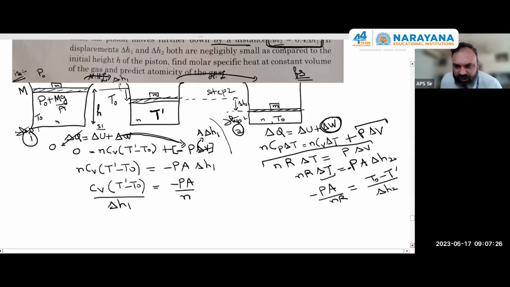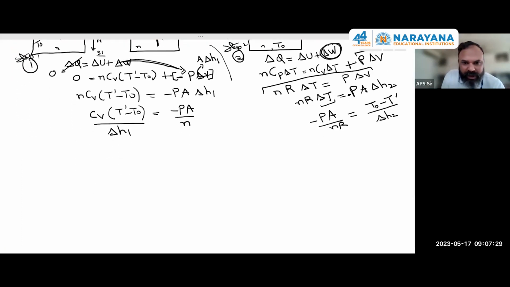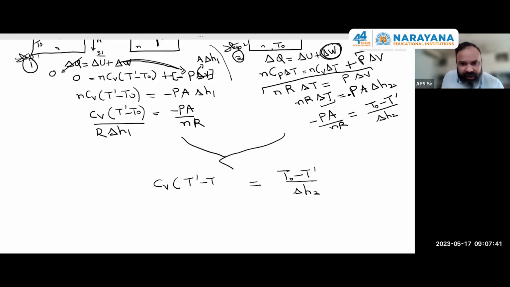Now try to just eliminate these two terms symmetrically. So take an R here, and just try to eliminate this. So you should get (T naught minus T prime) upon delta H2 is Cv (T prime minus T naught) upon R delta H1. And now you understand in both the cases, the term that you have written is similar. I mean, these two are like negative terms of each other. So delta H2, delta H1, I mean, I have taken the magnitudes throughout.